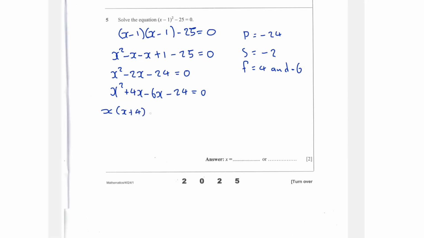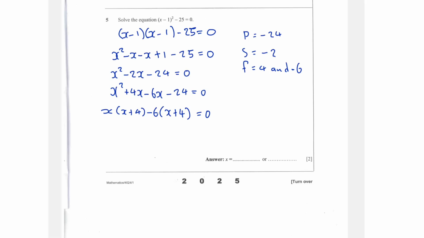And then we can factor out a negative 6 on both, because 6 can also go into 24. So we factor out a negative 6. And then negative 6 into negative 6x, what you get is just x. And then negative 6 into negative 24, what you get is just plus 4. And then equal to 0.